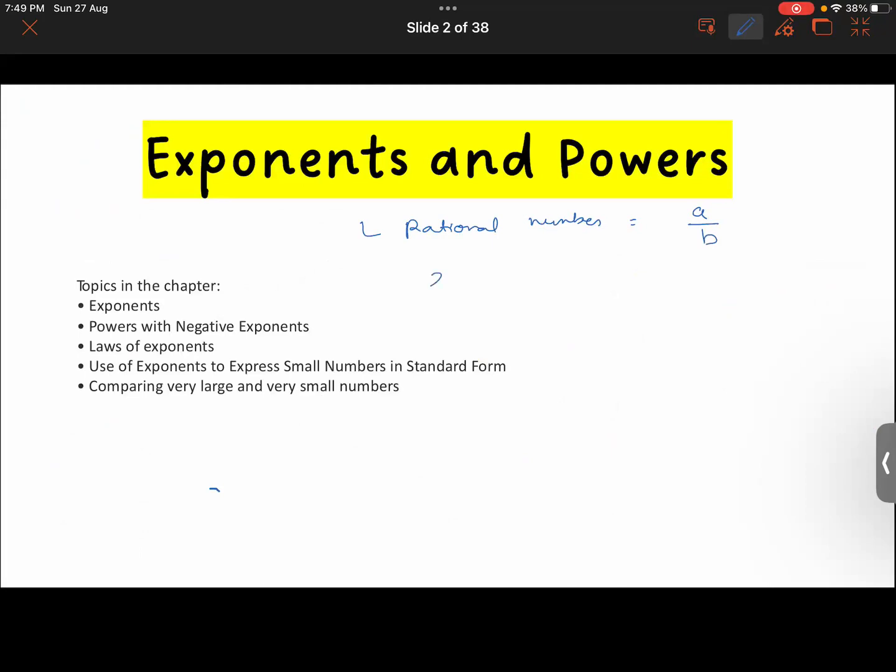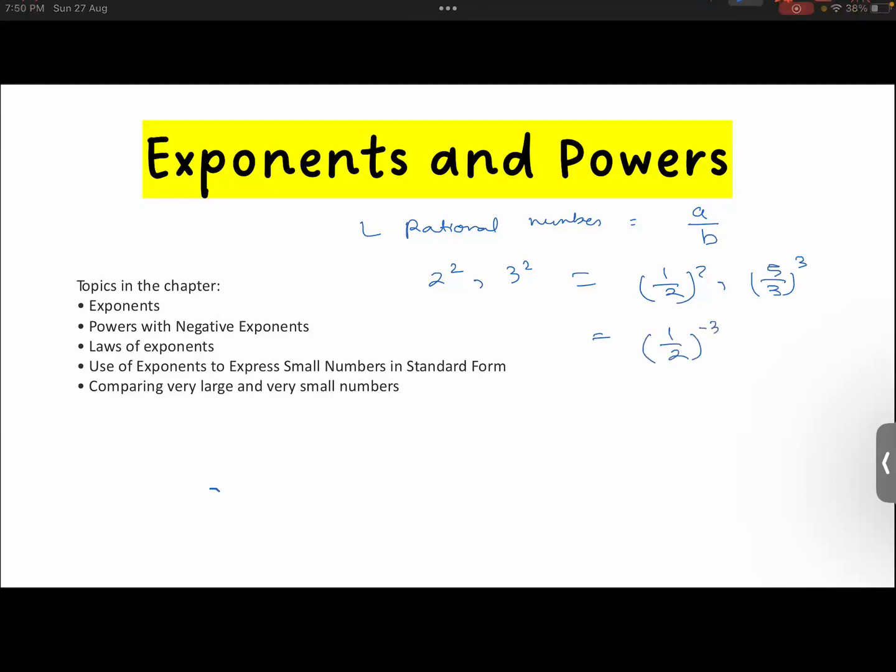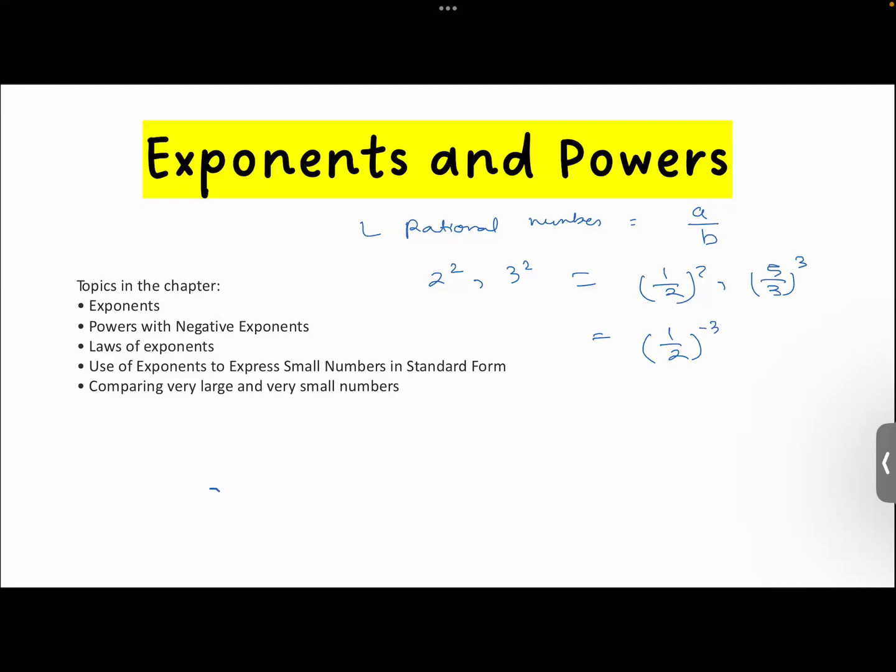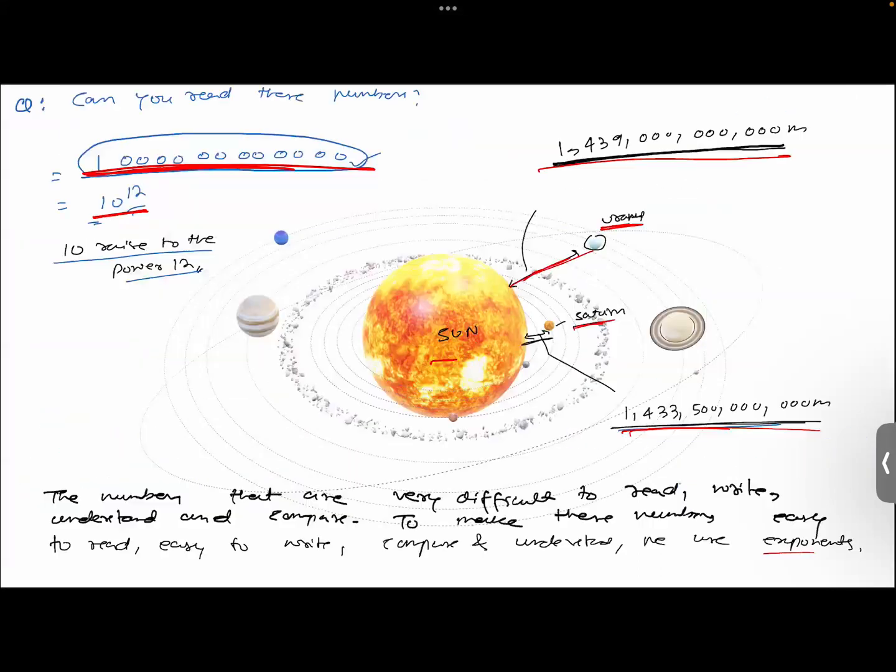So far you talked about 2 squared, 3 squared. Now we'll be talking about (1 upon 2) whole squared, (5 upon 3) whole squared or whole cubed, and then rational numbers where the power will be negative in some cases.